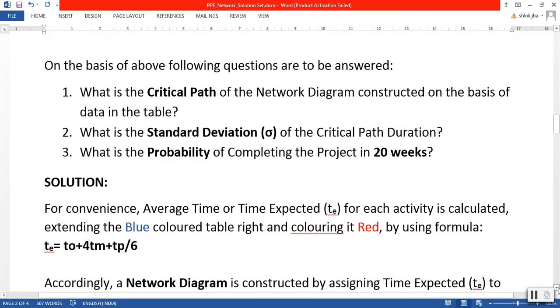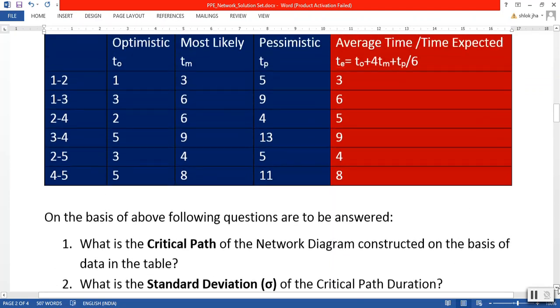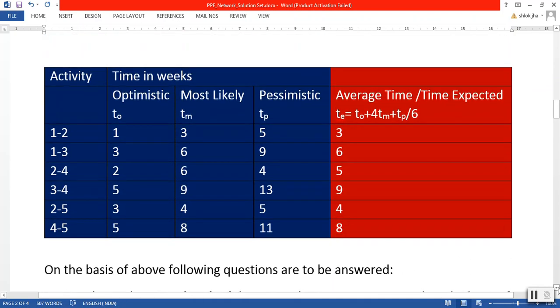Solution. For convenience, average time or expected time TE for each activity is calculated by extending the blue colored table to the right and coloring it red, using the formula TE equals TO plus 4TM plus TP divided by 6.